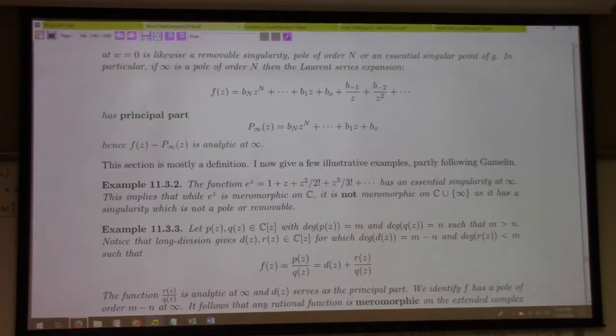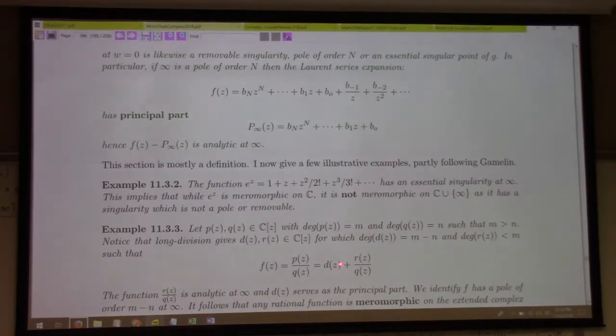And so, in short, we have that this rational function is meromorphic on the extended complex plane because it has an isolated singularity of order m minus n at infinity, as is revealed by the fact that the principal part is a polynomial of degree m minus n. And then over here, when we look at the proper rational function piece of it, how many singularities are there for this? Well, it just depends on how q of z factors, right?